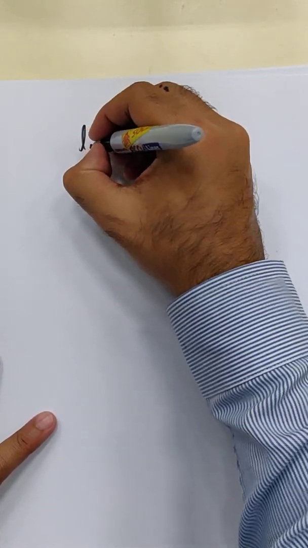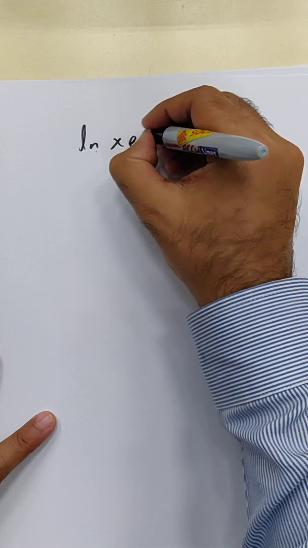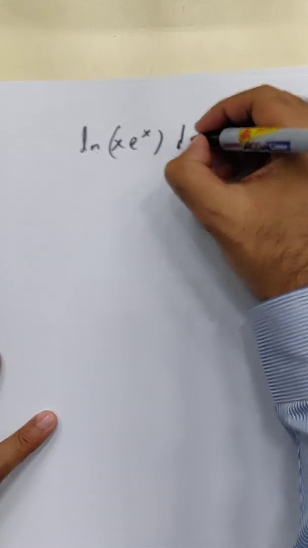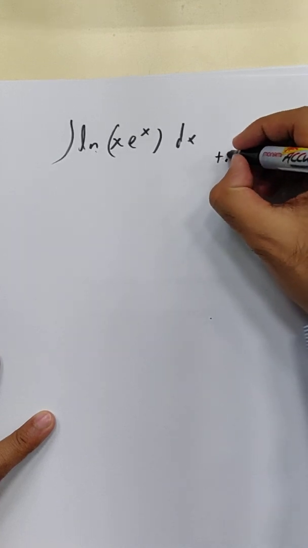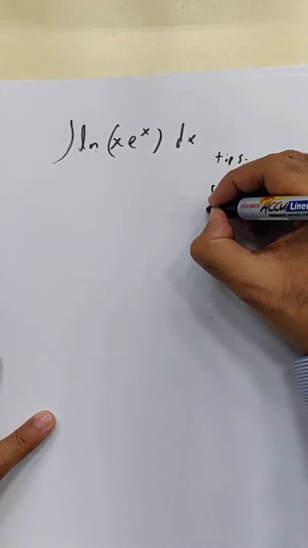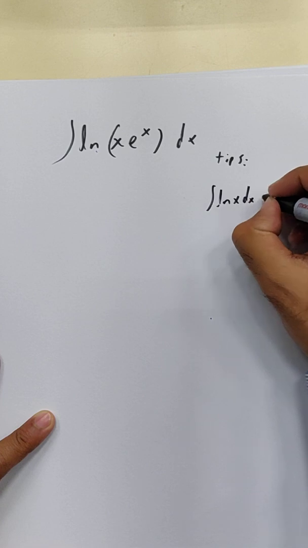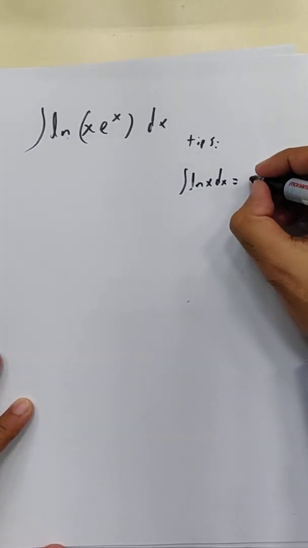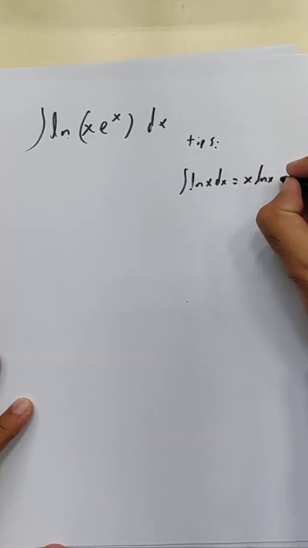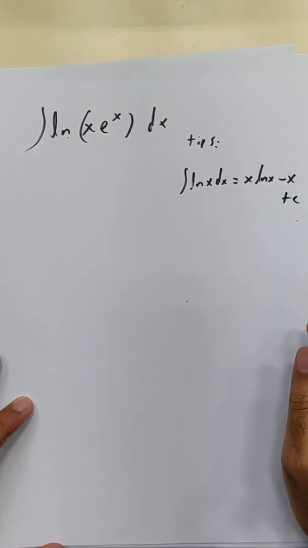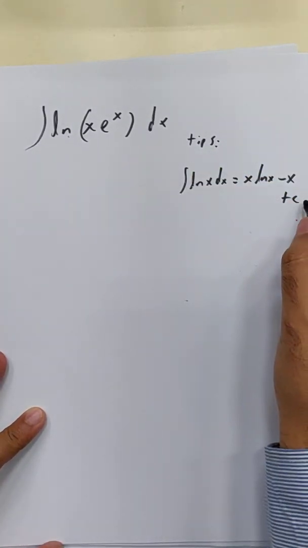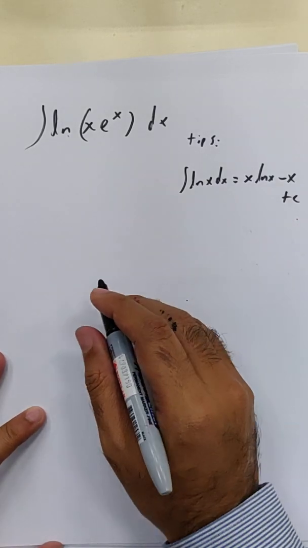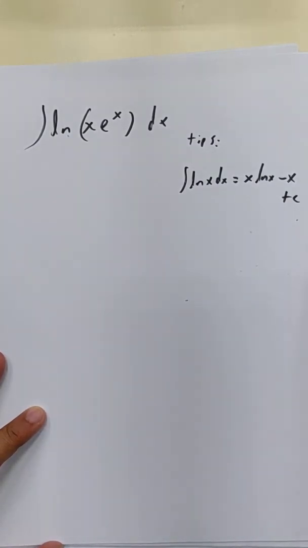Let's say now you integrate ln x dx, where I write here the tips. Integrating ln x dx is equal to x ln x minus x plus c. There are some people who agree that we can do this straight away without using integration by parts. Some people disagree.